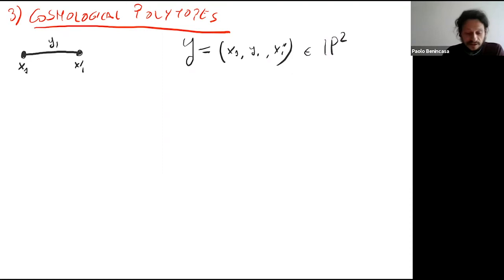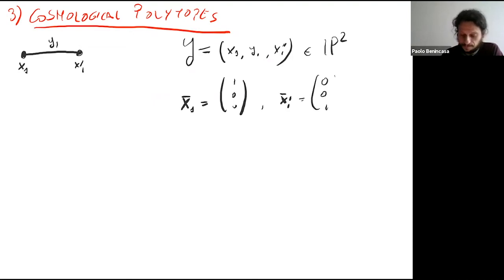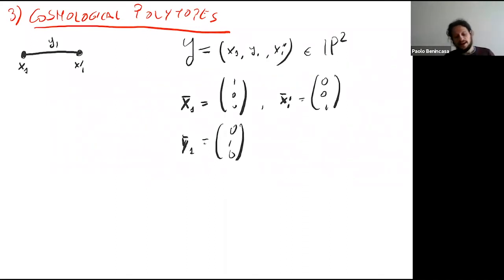Now I can define some vertices: x1 given by 1, 0, 0, which is a basis for R3 for P2, x1 prime 0, 0, 1, and y1 0, 1, 0. And now there is a unique correspondence between this graph and a triangle whose midpoints are identified by these three vectors.